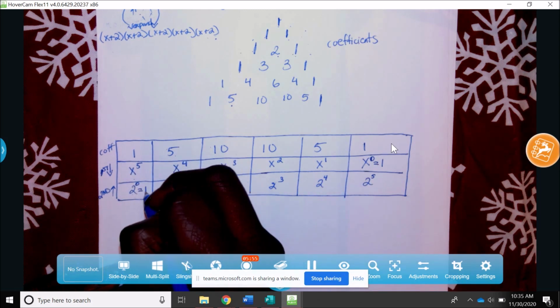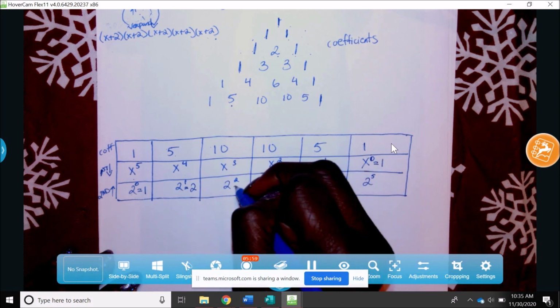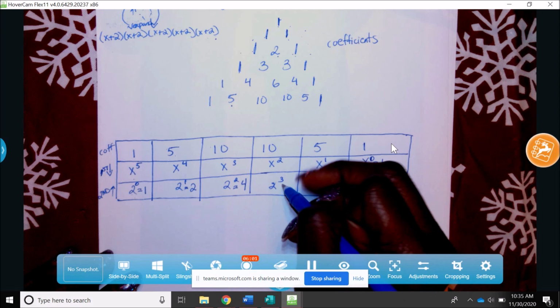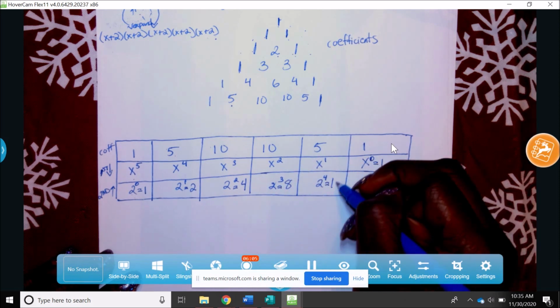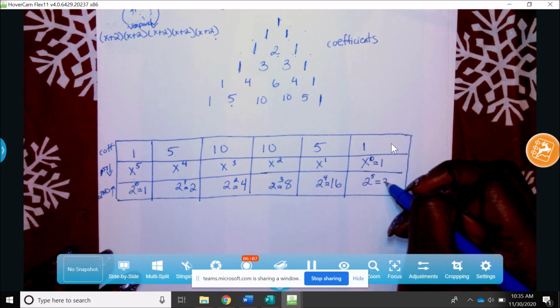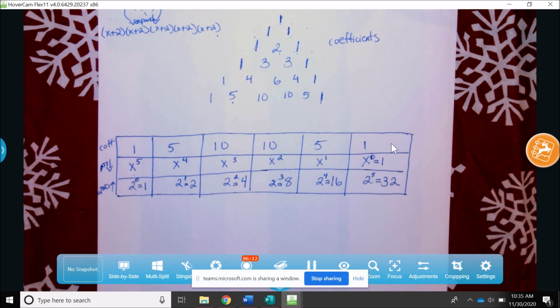So 2 to the 0 is 1, 2 to the first power is 2, 2 to the second power is 4, 2 to the third power is 8, 2 to the fourth power is 16, 2 to the fifth power is 32. And remember, I'm a math teacher, and I've done this example 1,000 times by now, and that's why I can come up with the numbers so fast. But the more that you do it, you'll be able to come up with the numbers as well.